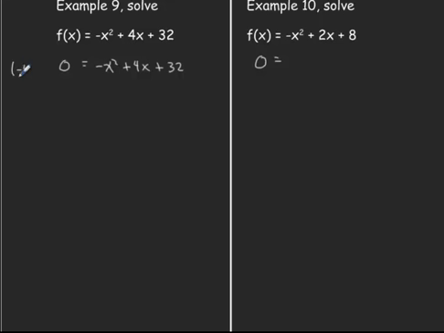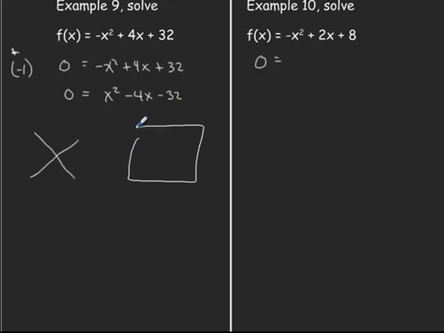So now multiply everything by a negative 1, and I still get 0 here, and the signs just switch. X squared minus 4x minus 32. First term, x squared. Last term, negative 32.